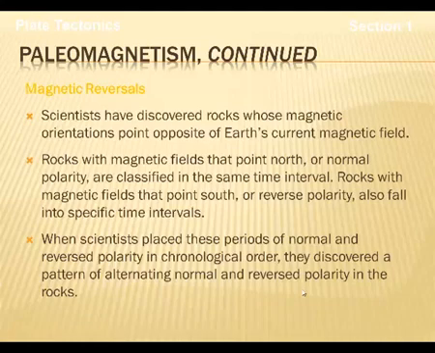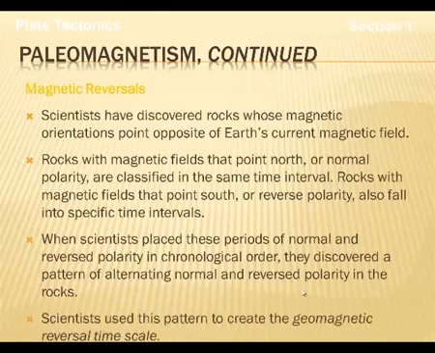When scientists have placed those periods inside of a chronological order, they notice that there seems to be a pattern of alternating normal and reverse polarity. And they used this alternating normal and reverse polarity to create the geomagnetic reversal time scale.